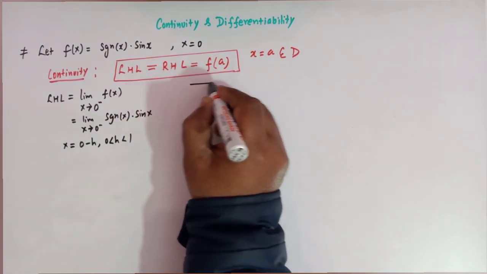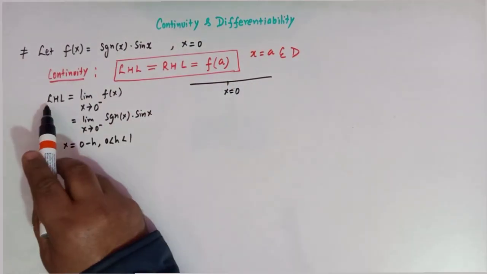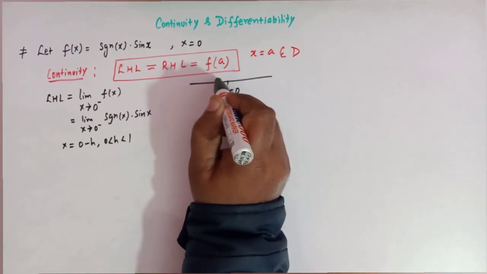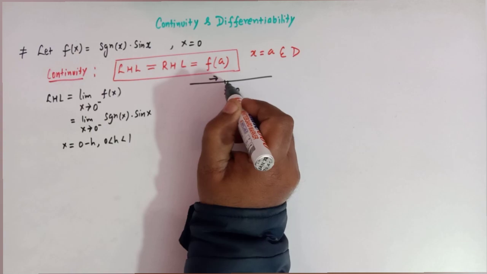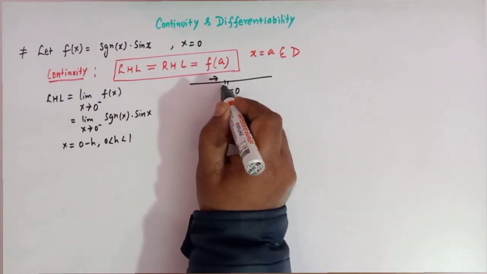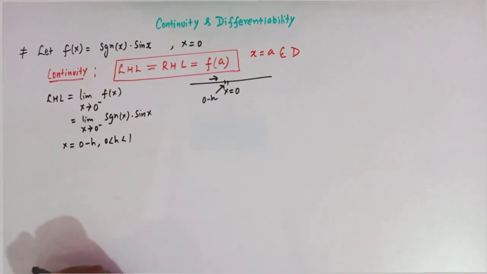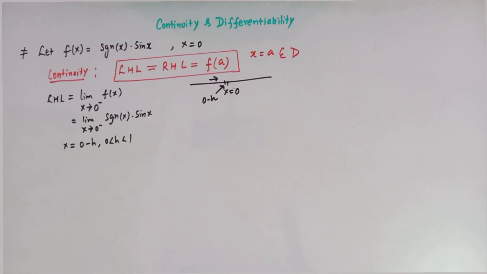See, here we have x is equal to 0, and when we find the left hand limit, we are approaching from the left of x is equal to 0. So in the neighborhood of x is equal to 0, we are taking the point 0 minus h, where h is a positive quantity and it is infinitesimally very small.